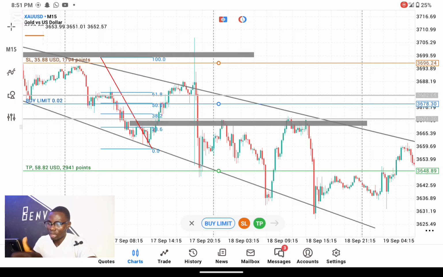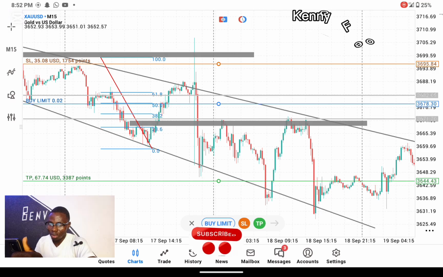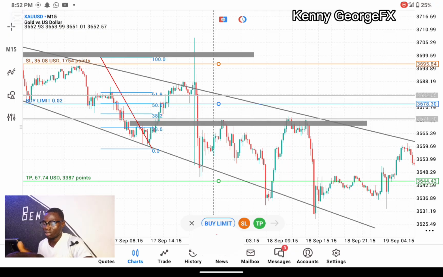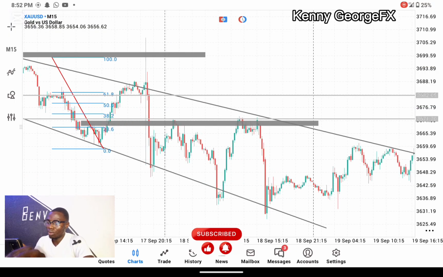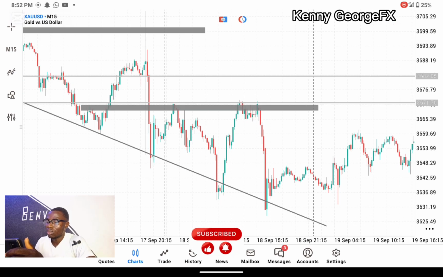Let me just say I'm risking 35 and I'm going forward 60. Yeah. It will eventually hit our TP, but because of the news, it just misbehaved and started following the trend. You get. So very simple. This is a simple way to trade Fibonacci.